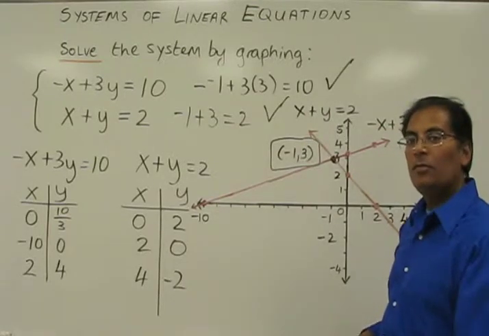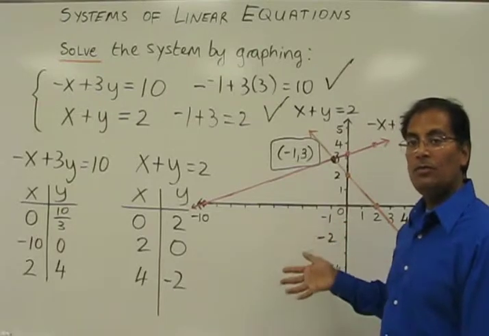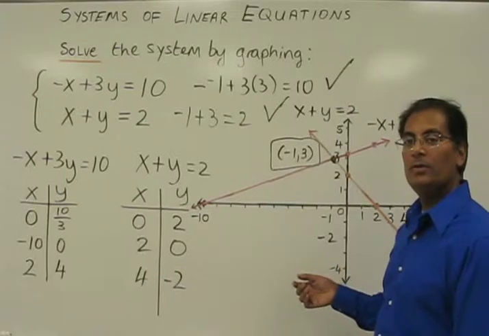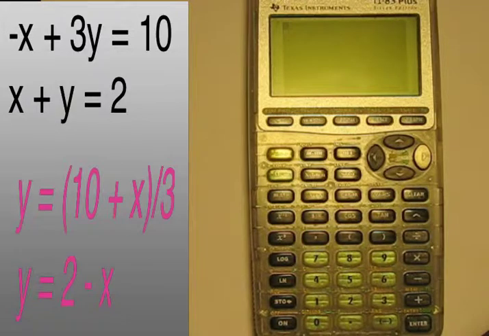Now, we had to graph this by hand, but we can use technology to graph these equations as well. Let's see how we can do that. If you want to solve the system of equations on a calculator, you first have to solve each equation for y. If we solve negative x plus 3y equals 10 for y, we get y equals 10 plus x, all divided by 3.